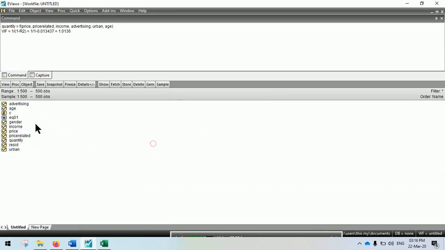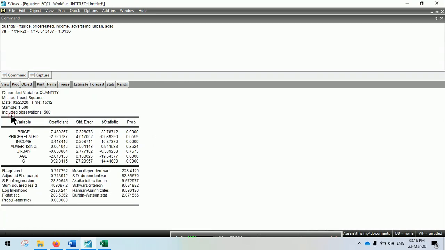So now I will come back to my first equation, and now I will check for serial correlation and the hetero problem, and the diagnostic and stability tests. I start with the hetero problem.